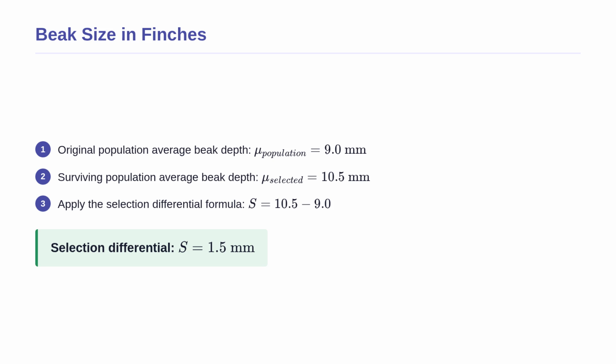The surviving birds have an average beak depth of 10.5 millimeters. We are asked to find the selection differential. By subtracting 9.0 from 10.5, we get 1.5. This physically means the drought is pushing the population toward larger beaks by an average of 1.5 millimeters per generation.